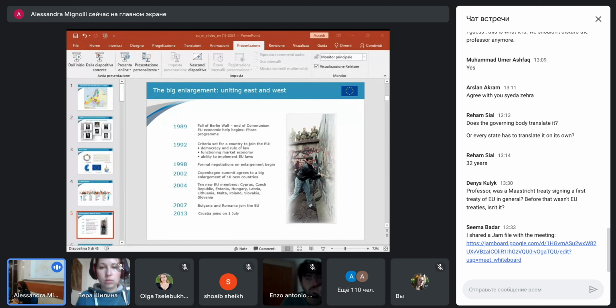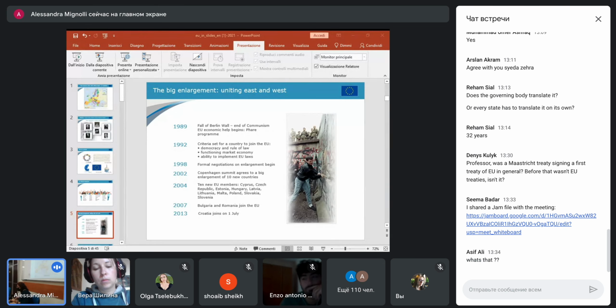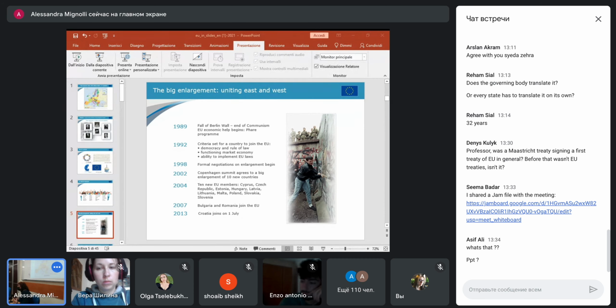Again here, so we are speaking about all these states. The need to have a sort of transition from communist regimes, political regimes, and also the state economy that characterized these states during the period of the Cold War, before the fall of the Berlin Wall.